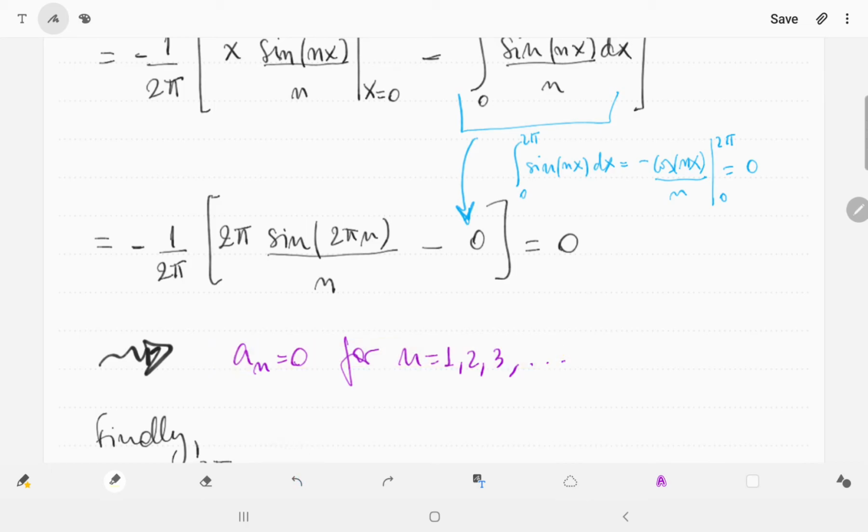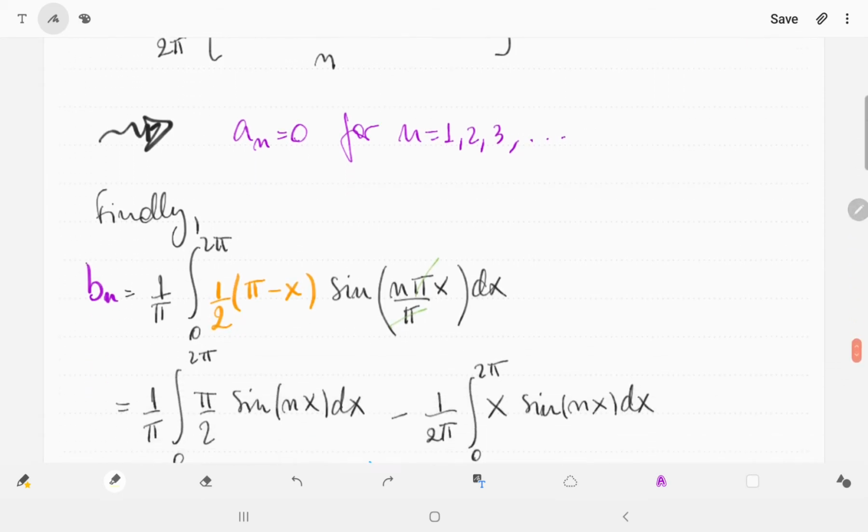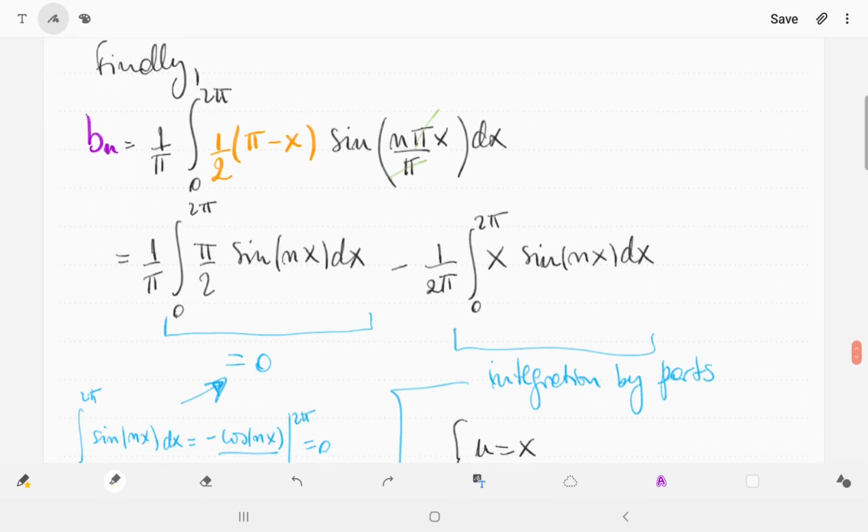So far a0 is equal to 0 and an is equal to 0, and finally we get bn by integrating f times sine of n x over pi, because here pi is equal to p. Again, here I distributed, but we can also use parts to simplify the computation a bit.